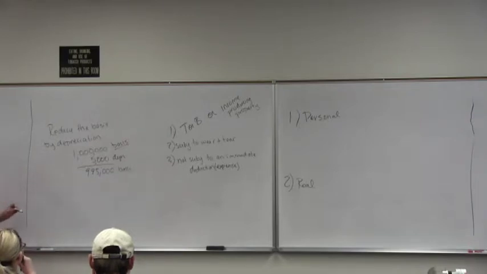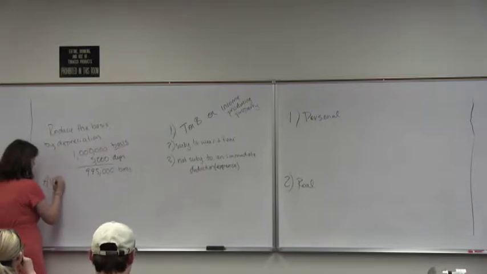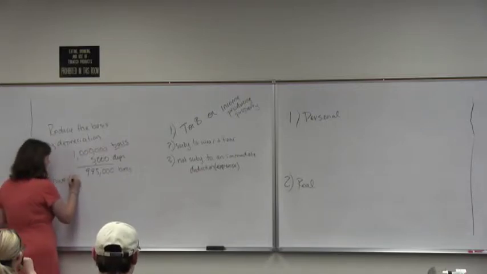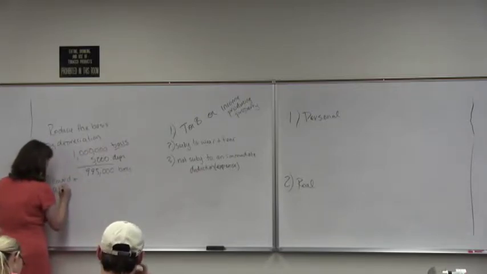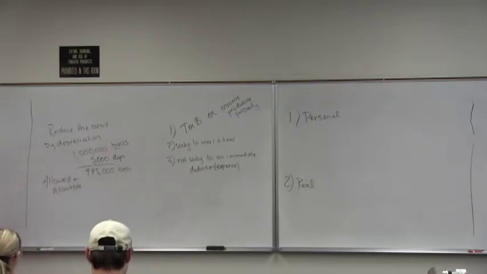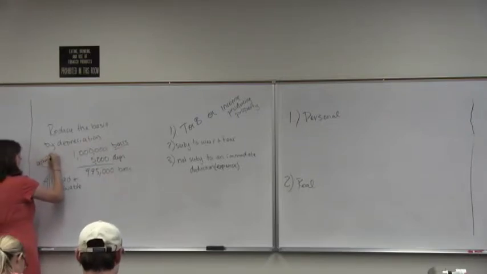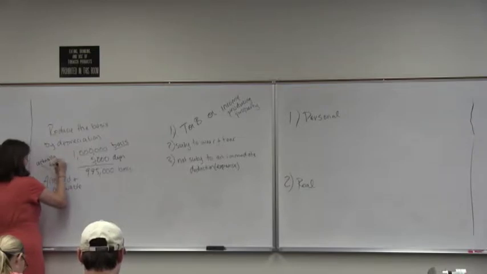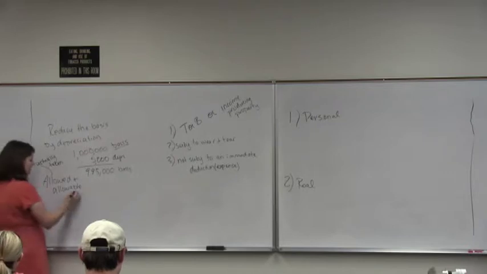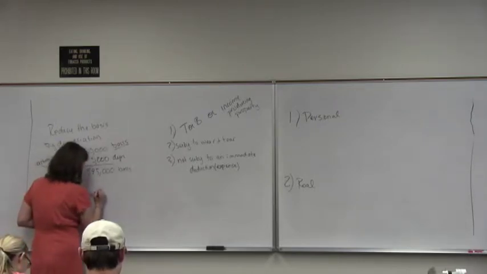There is this concept in the book, I've really never heard of it before I taught this class, of allowed versus allowable depreciation. So the allowed cost recovery is the amount actually taken. The allowable is the amount that could have been taken.